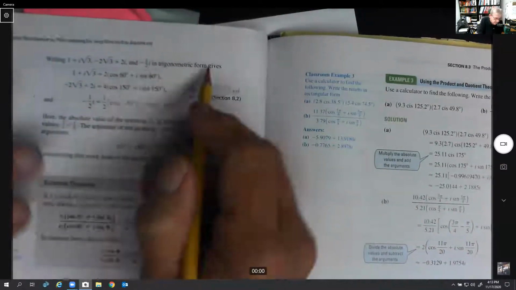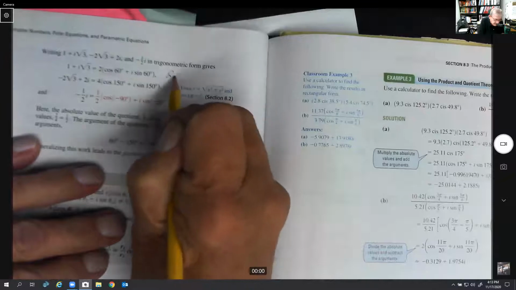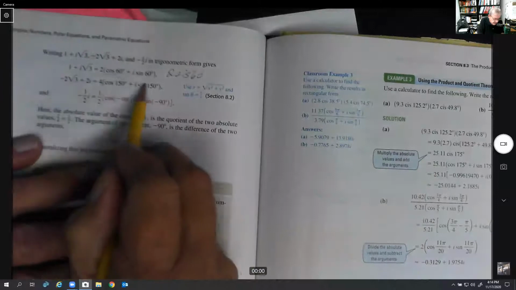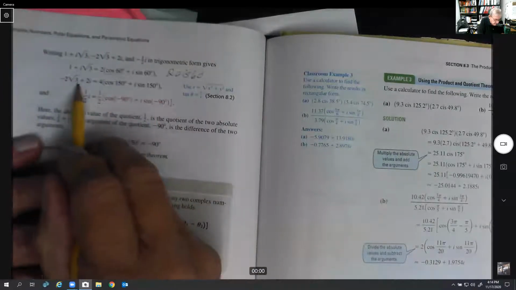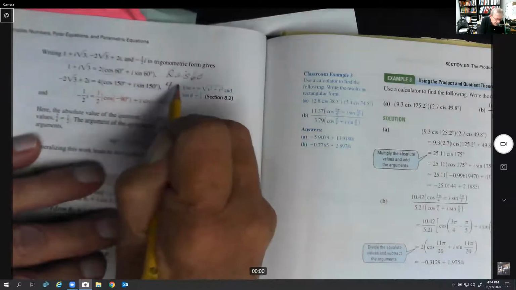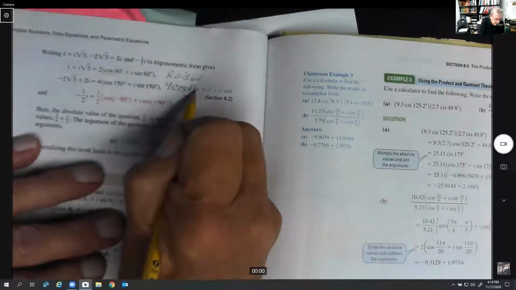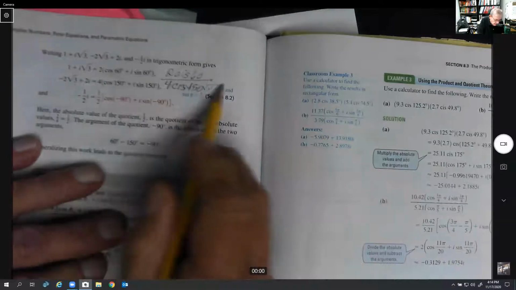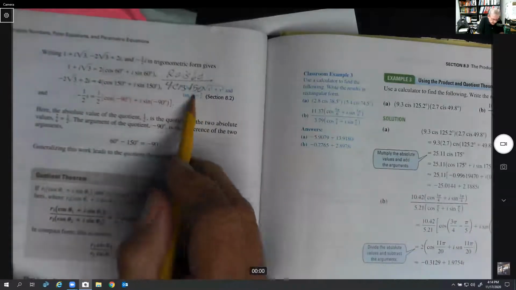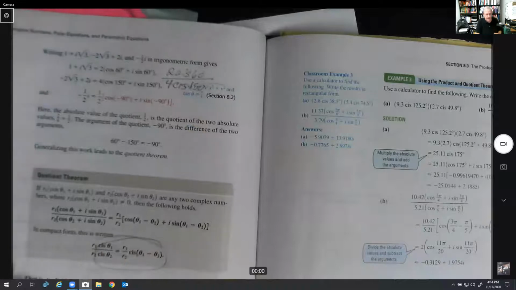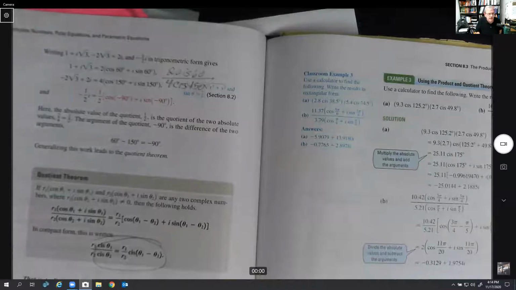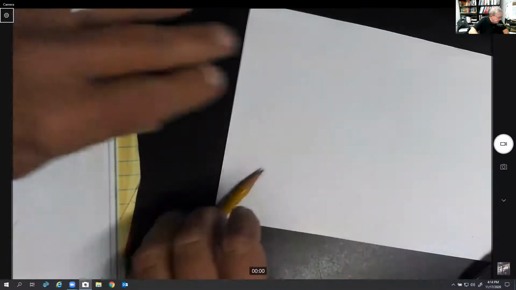They simplified this to 2 cis 60, and then they took the other one and simplified it to 4 cis 150. So we could do a whole bunch of work on that, but let's take a look down here. Here's the formula for simplifying this problem. So let's take this problem in the form they finally simplified it down to.